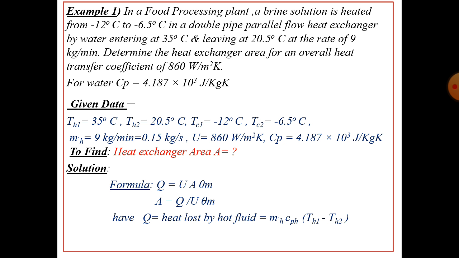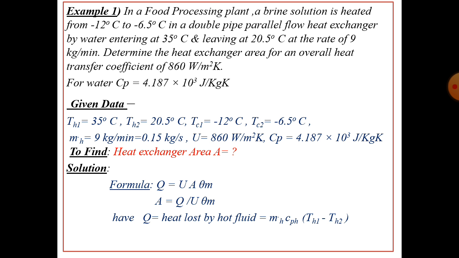Let us read example 1. In a food processing plant, a brine solution is heated from minus 12 degrees Celsius to minus 6.5 degrees Celsius in a double pipe parallel flow heat exchanger by water entering at 35 degrees Celsius and leaving at 20.5 degrees Celsius at the rate of 9 kg per minute.